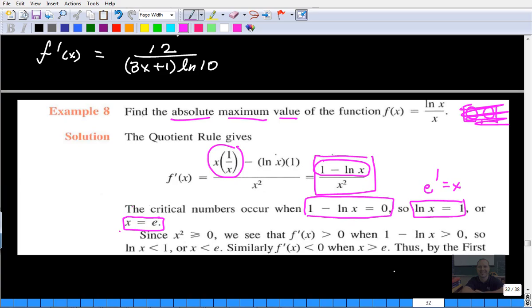Now, you only have one critical number, so you could maybe assume that it's a maximum value, but how do you check? How do you find that out for sure? Well, you could do sign analysis, or you could use a little bit of logic and realize that x squared is always positive. It could be 0, but it's never negative.